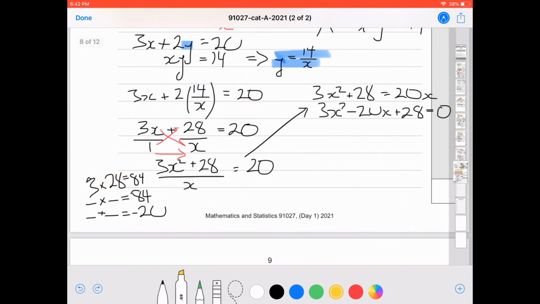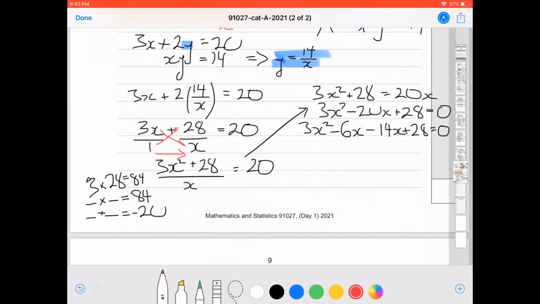Okay, so we've got 3x squared minus 6x minus 14x plus 28, and that equals 0.